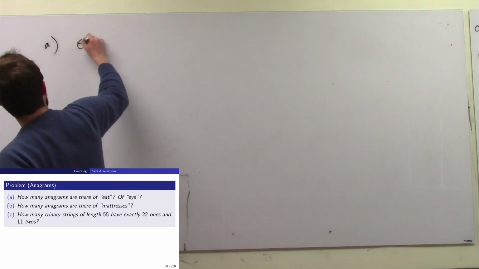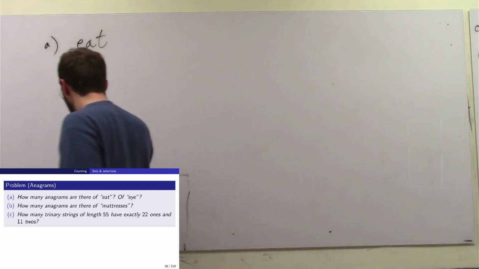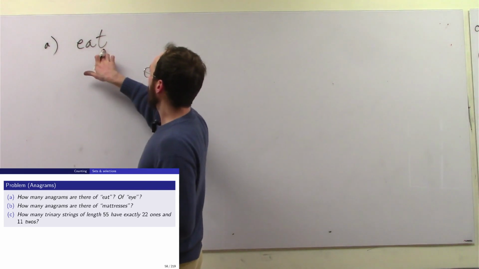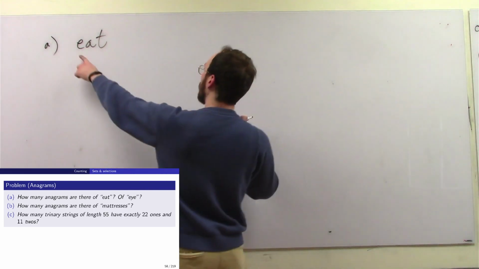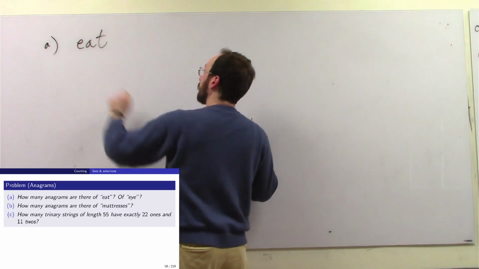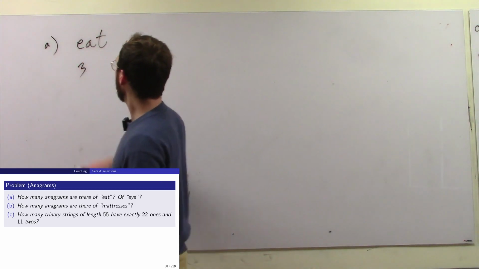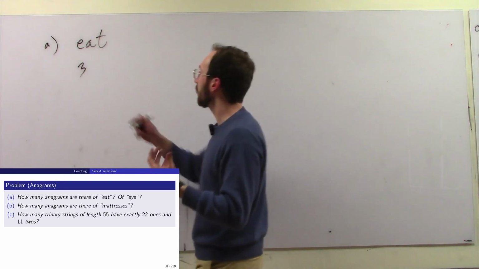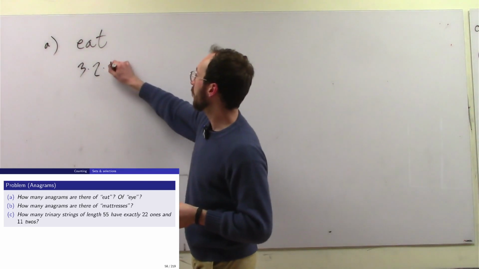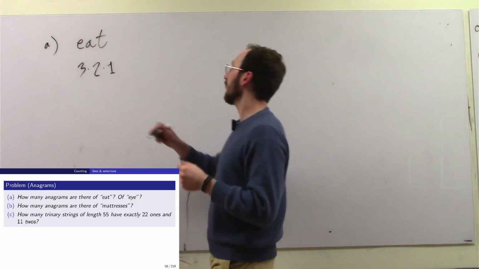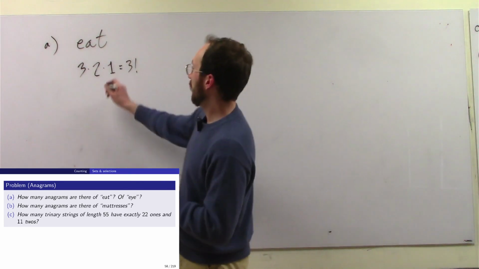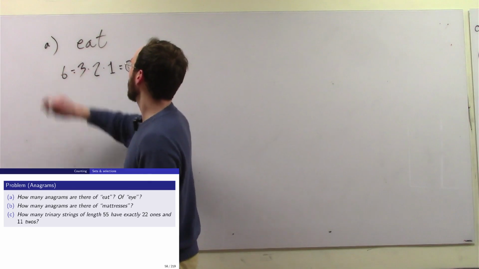So let's see, with eat, this is actually just a refresher. If we want to figure out how many anagrams there are of this, well, we can just permute the letters here. I can choose 3. There's 3 choices for my first letter. There's 2 choices for my second letter. And then there's 1 choice for my last letter, i.e. 3 factorial choices, otherwise known as 6.